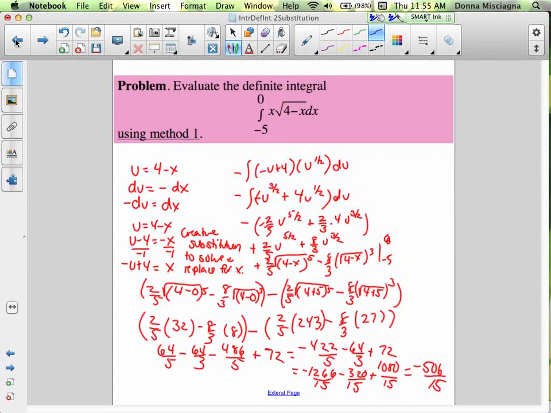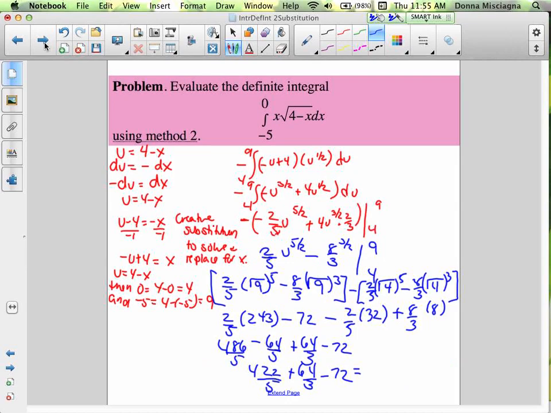Because these are the exact same numbers. Why do we have a different sign? I thought it was 1,215 over 8. Why do the signs on the numbers look different to me?